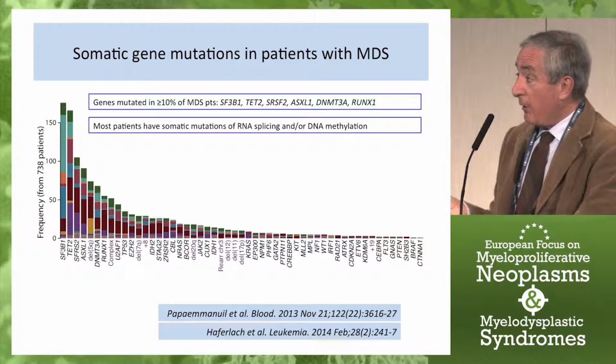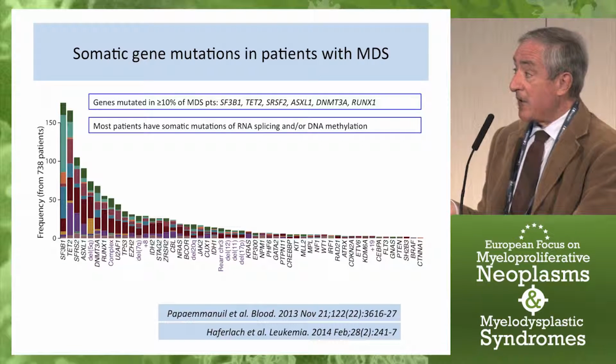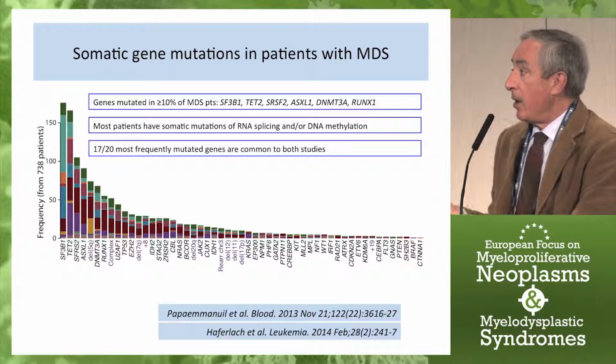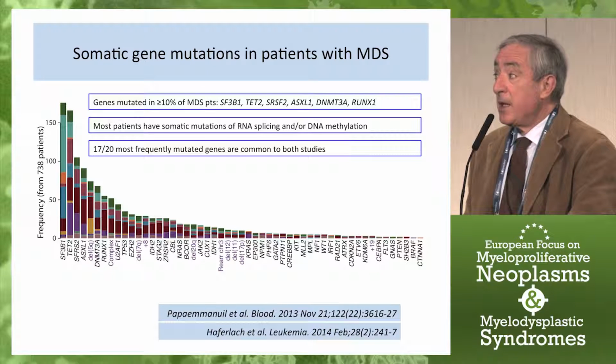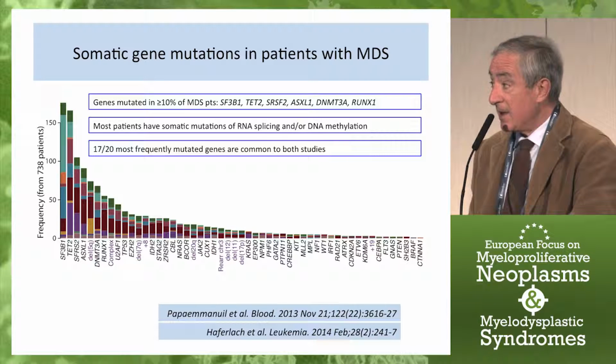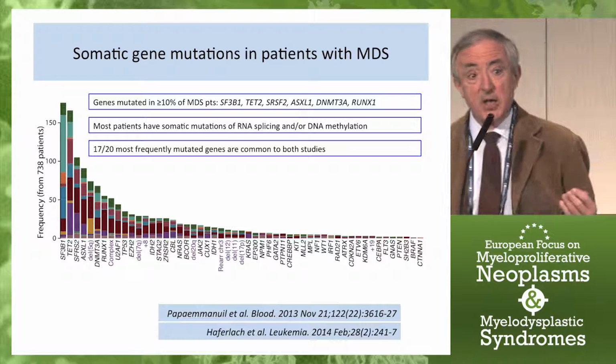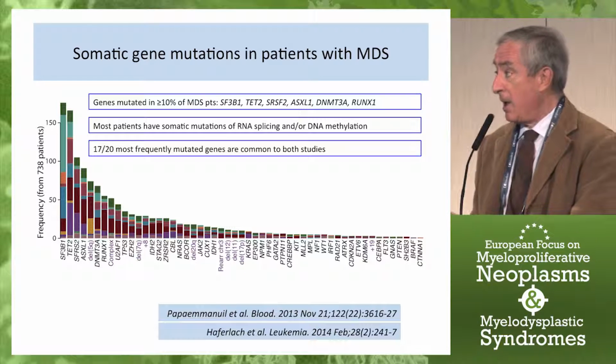So altogether, most patients have somatic mutations of RNA splicing machinery or DNA methylation. Of the 20 most frequently mutated genes in both studies, 17 are the same, indicating that this genetic basis is really reliable.